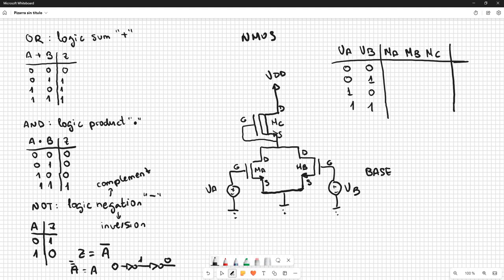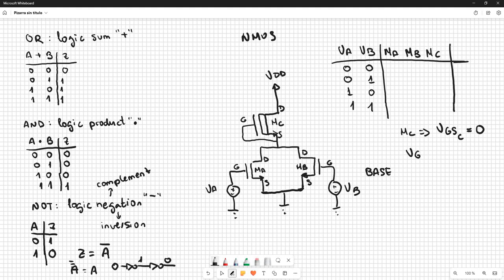And we are going to analyze the circuit. In transistor C, the load transistor, the voltage between the gate and the source is 0, because they are the same points.